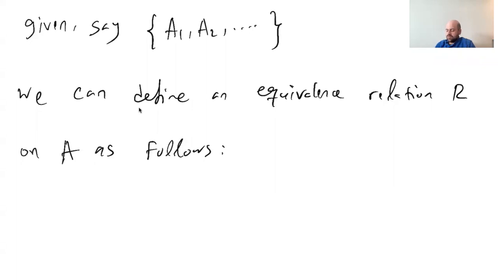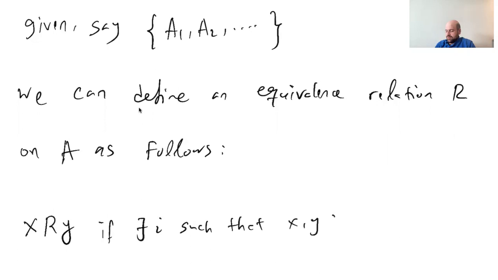So how do we want to define the relation? We want to say that X is in relation with Y if there exists some index I such that X and Y both belong to AI.